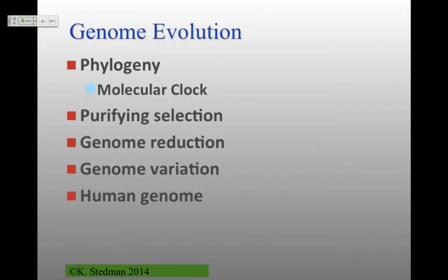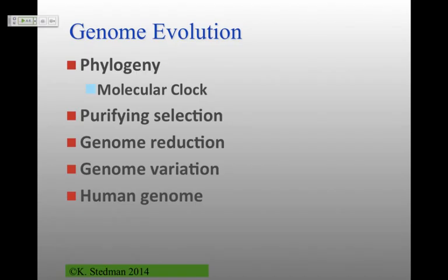Okay, so we already talked a little bit about phylogeny. Basically, all that phylogeny is looking at is how different organisms or different sequences are related to each other. With this relationship, you can put together what you think, and this is an estimation, of the history of that particular organism or that particular sequence.